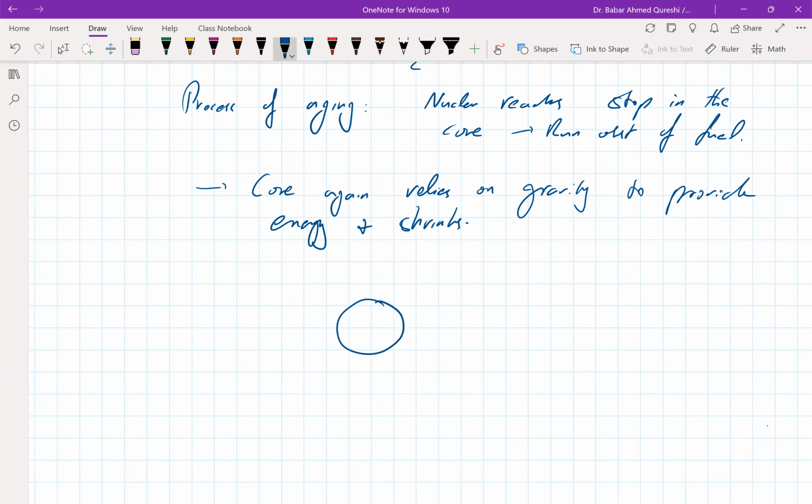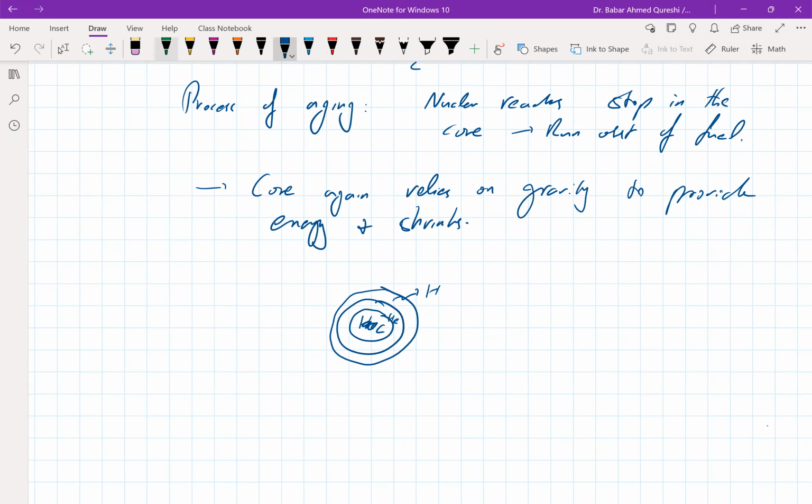So what you get is, the core is now made up of helium, your temperatures rise, and the core again starts burning, and it's surrounded by hydrogen. Helium then burns out very quickly because now you're burning at a higher temperature, so you give off lots of light, and to keep up that you have to burn a lot of helium. So this burns out, and you have carbon inside, helium outside, and hydrogen.